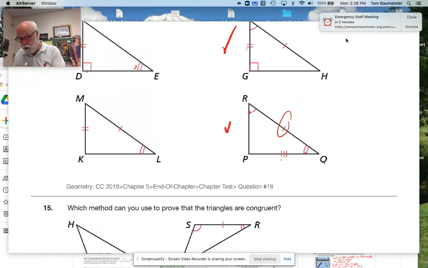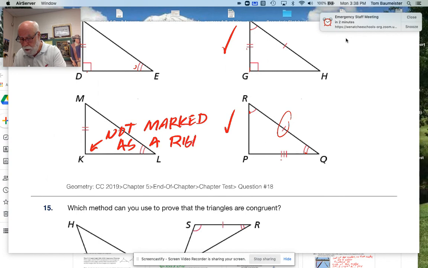So we can also say this one here. The only one we can't say is this one right here because this is not marked as a right triangle, as a right angle. So no on this one.